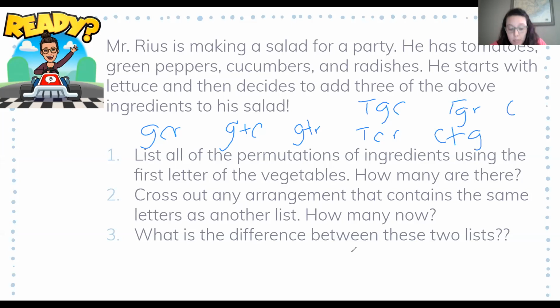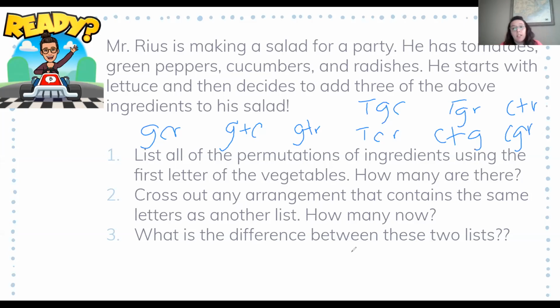Then cucumbers, tomatoes, and radishes. And then finally, cucumber, green pepper, and radishes. If you want to write them out completely, like tomatoes, green peppers, cucumbers, tomatoes, green peppers, radishes, that's up to you, if that makes more sense to you to put them in order and organize them a little bit more.